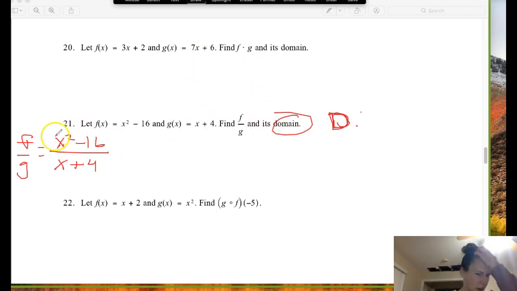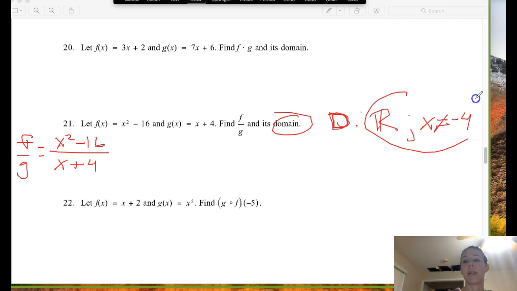I can plug in anything I want for x, really, so it is going to be all the real numbers, except I cannot divide by 0. What on the denominator makes me divide by 0? If x is negative 4. Negative 4 plus 4 makes 0 on the bottom. So x can be all real numbers, except x cannot equal negative 4. Okay, that's my domain. All real numbers, but not negative 4.